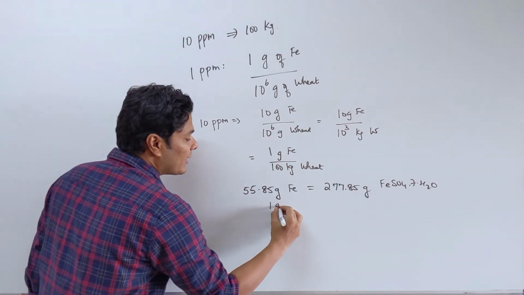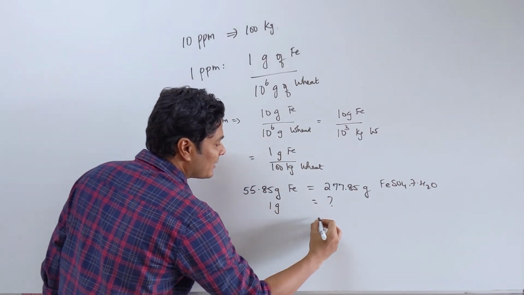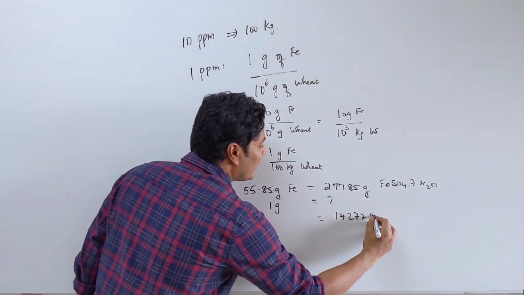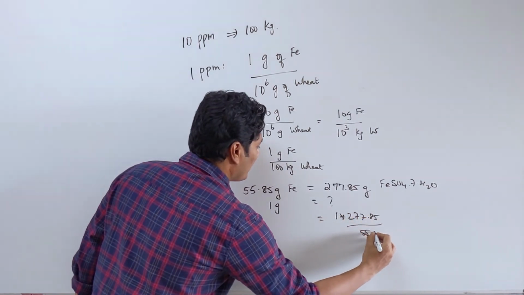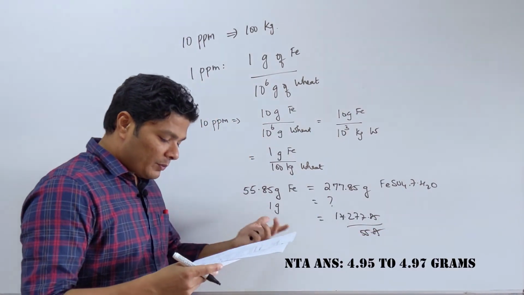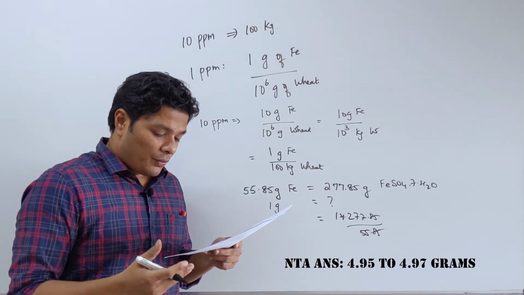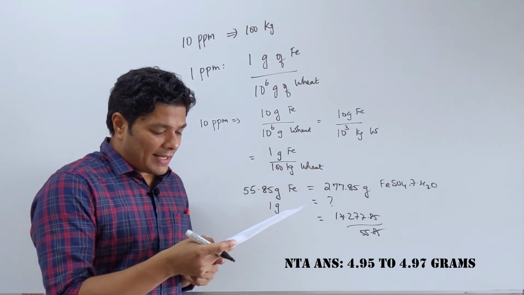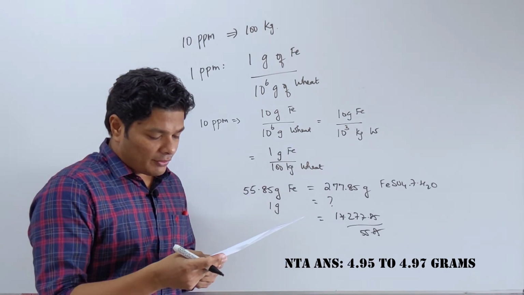Now I want only 1 gram. So in how many grams is it present? So that is going to be equal to 1 times 277.85 divided by 55.8. Again one more long division method. So you should get a value somewhere around 5. I get around 4.97. You can do your own long division method.